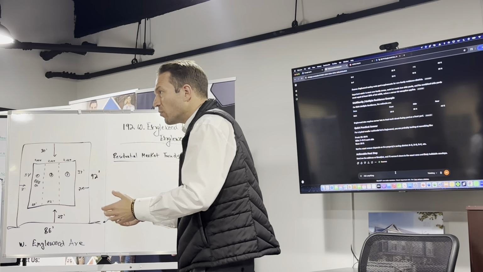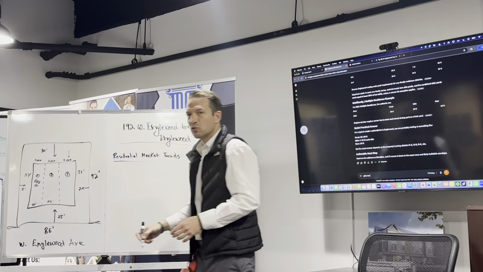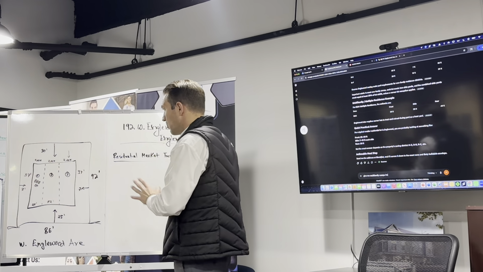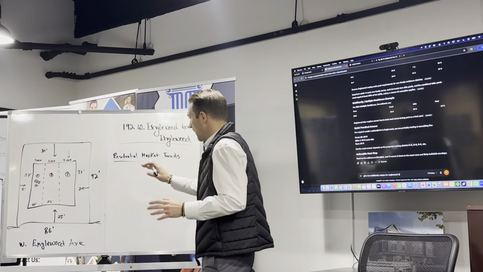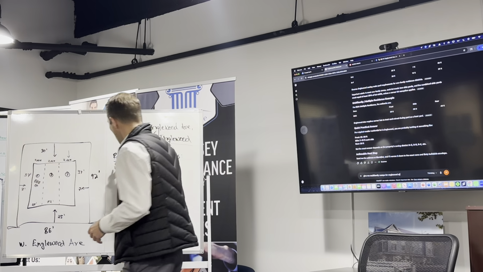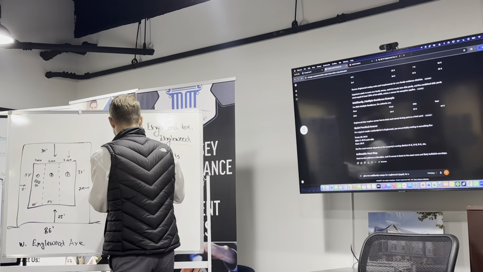We're gonna use this price per square foot to evaluate. This is the logic, and this is how we bring it soup to nuts. Adam, let's run through residential market trends in Englewood, roughly the price per square foot on sold comps.